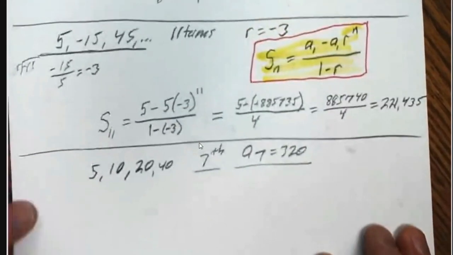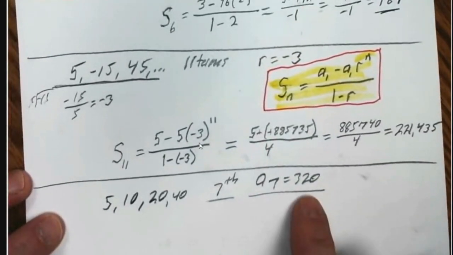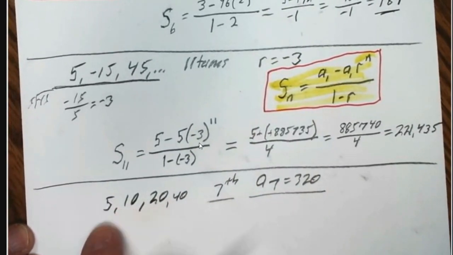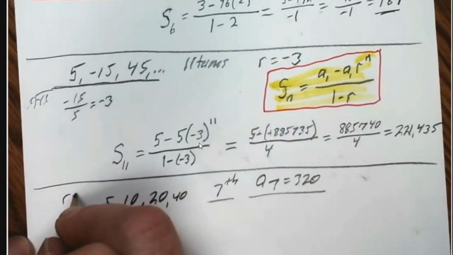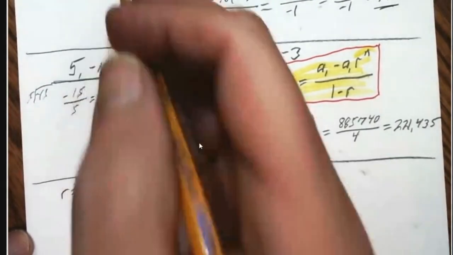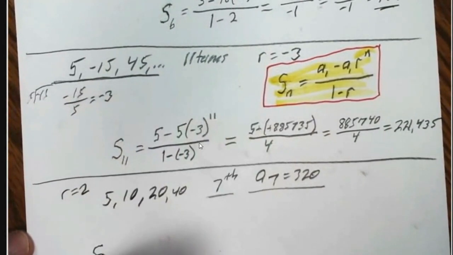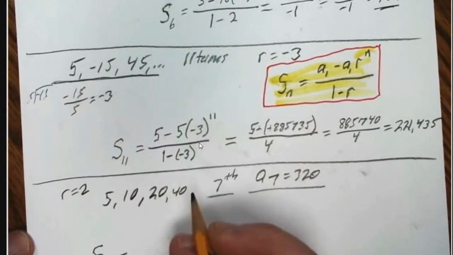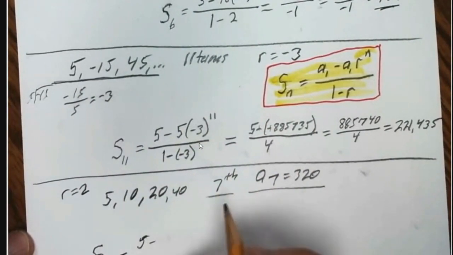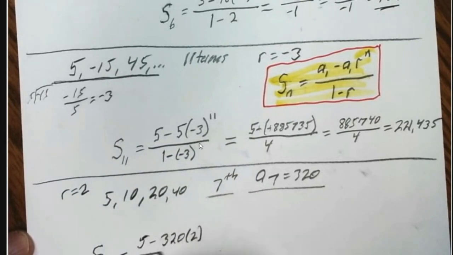So let's work it both ways just to check that. The common ratio: 20 divided by 10, 10 divided by 5, r equals 2, which they told us it doubled. So let's try this one first. For the first 7 levels, we have a sub 1 minus a sub 7 times the ratio, over 1 minus the ratio.